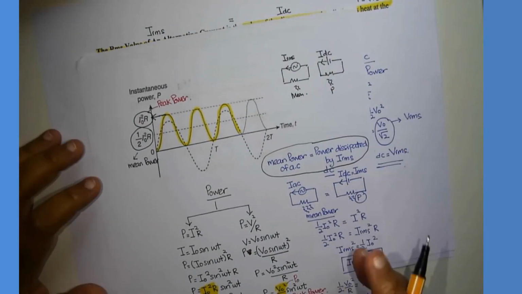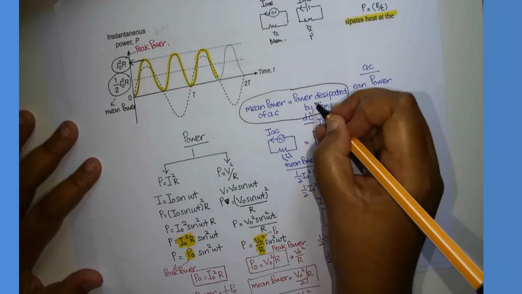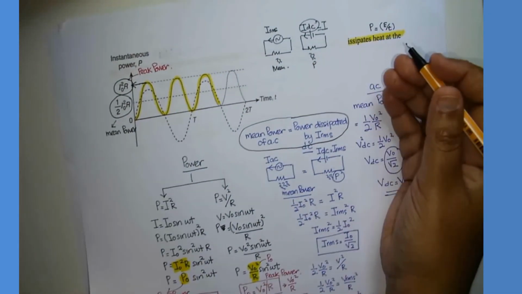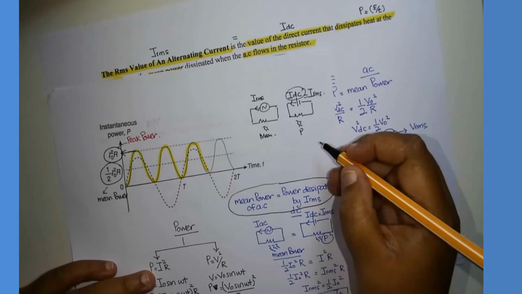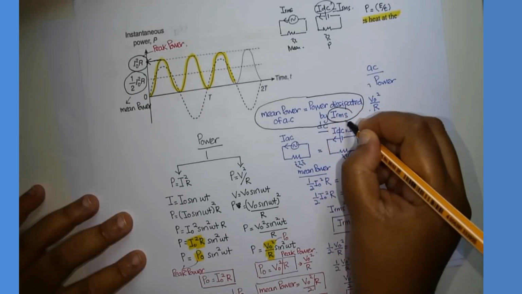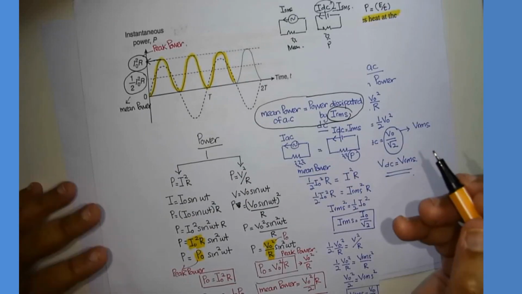So what I'm trying to say is that the power dissipated by the DC, IDC, is equal to IRMS. That's why I wrote here power dissipated by IRMS, or I can say IDC.